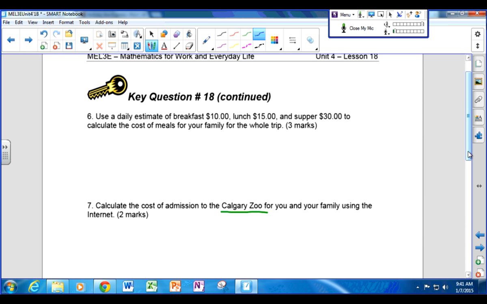So here we go. Question 6. Now it says use a daily estimate of breakfast, lunch $15 and supper $30 to calculate the cost of meals for your family for the whole trip. Now this is kind of cool because you will actually have more insight into this. Okay, so remember we're staying for 7 days in Calgary, right?